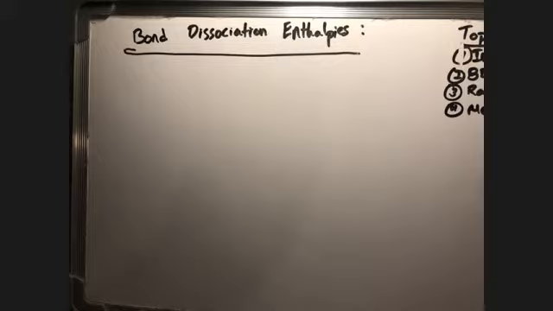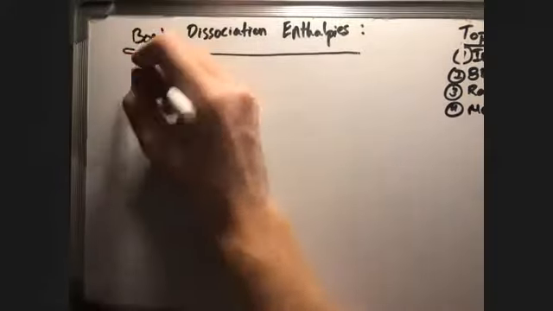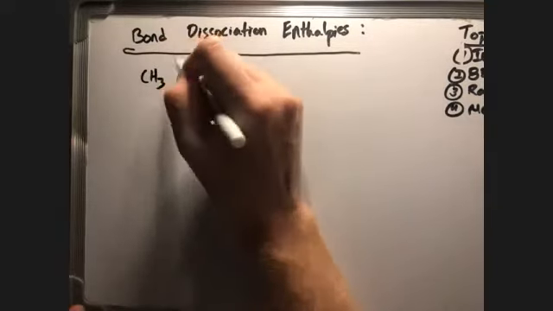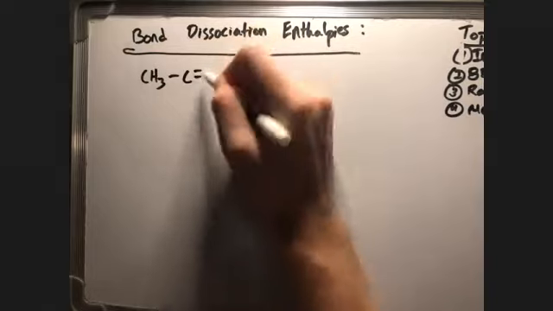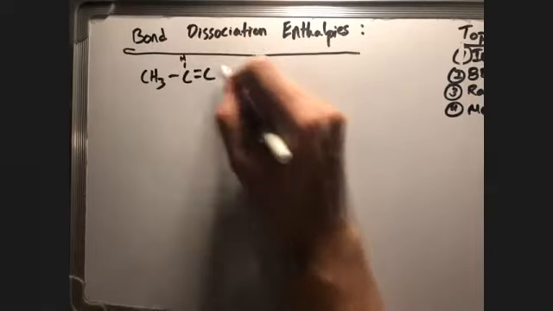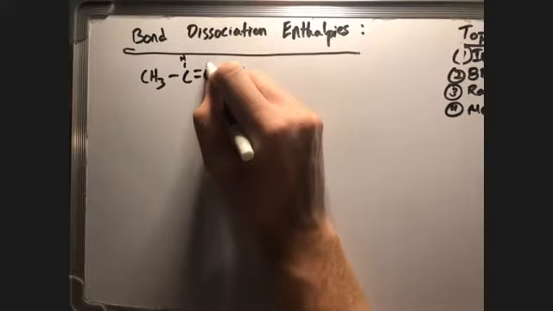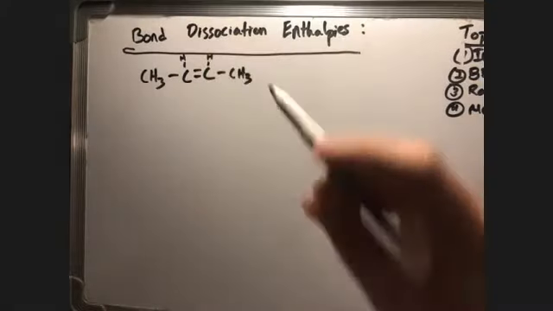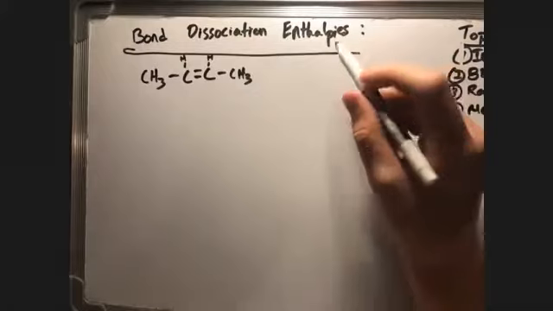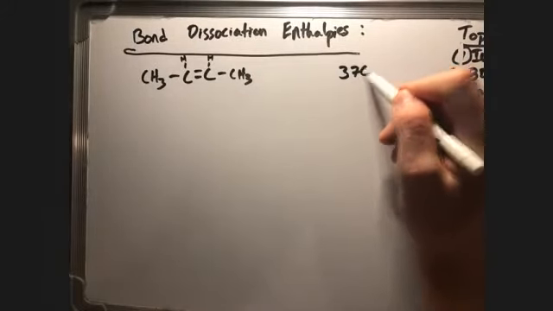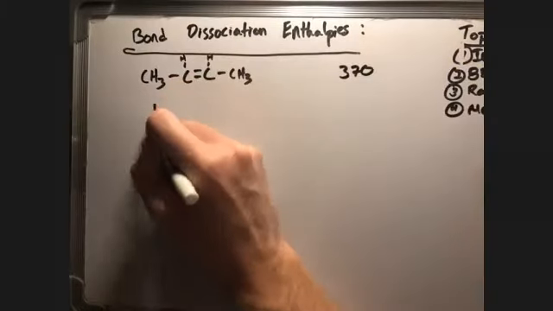I've got to pull up the data here. So if you look, for instance, at CH3, the bond dissociation energy of this is 370. I'll just compare a couple here to save time.